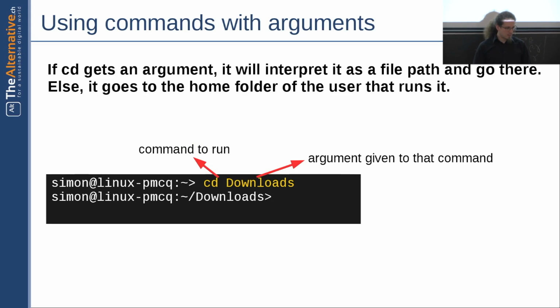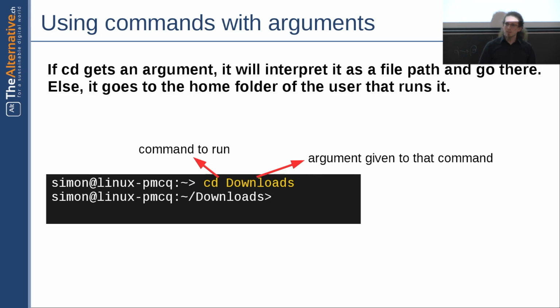The ls command works together with the cd command, and we previously talked about arguments, or I mentioned arguments. Arguments are a general concept in the command line. Everything that's not a command is an argument. Arguments are given like here, downloads.